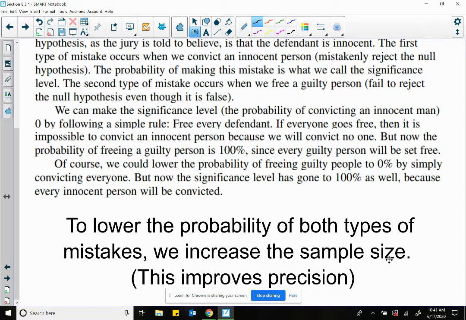increasing the sample size. When you increase the sample size, you increase the precision, which lets us be more in line with what we want, which is why we can have the significance level be 0.01, 0.05, and 0.10. Because as long as we increase this, it increases our precision.